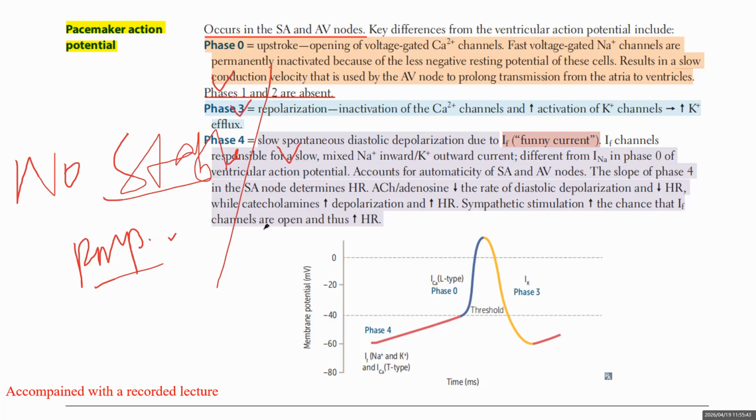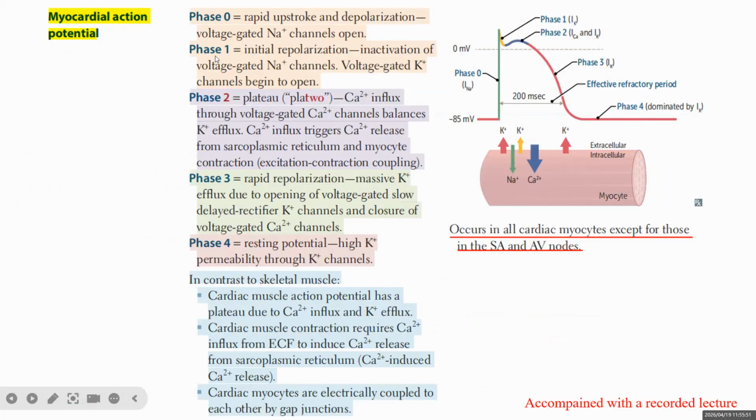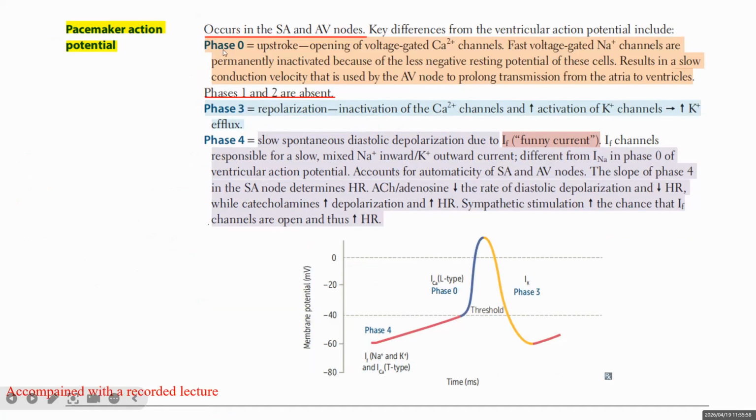Phase 1 and phase 2 are absent, whereas in the myocardial cell we have phases 0, 1, 2, 3, and 4.